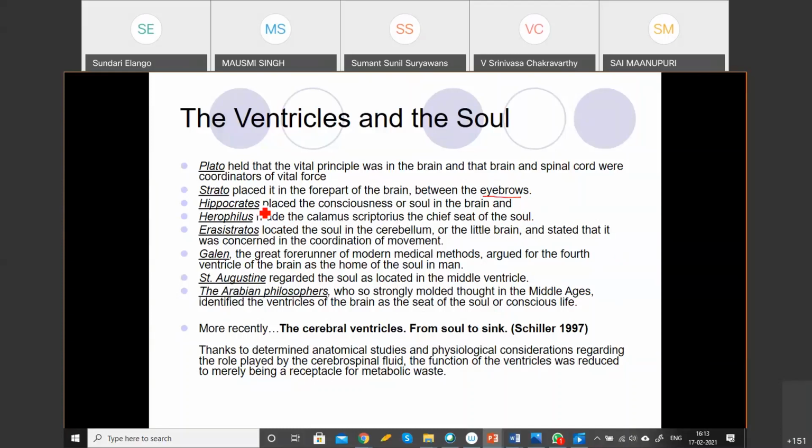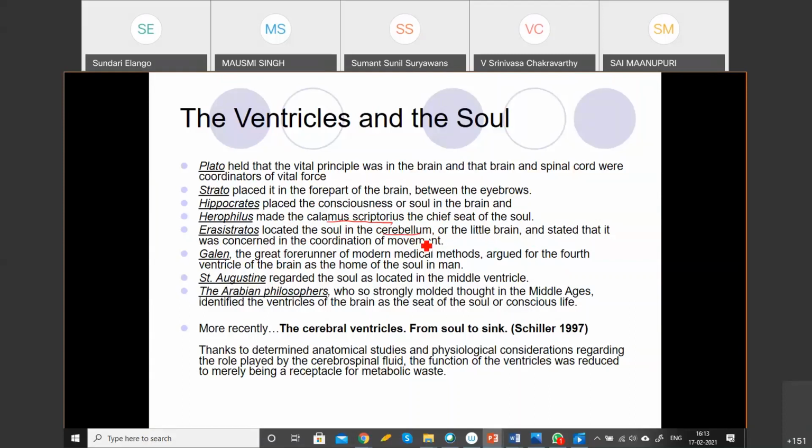So Hippocrates thought that this consciousness or soul is in the brain, and Herophilus made this strange special structure called the calamus scriptorius. That's where the soul is located. And Erasistratus is even more weird. He thought the soul is in the cerebellum, because the word cerebellum basically stands for little brain.